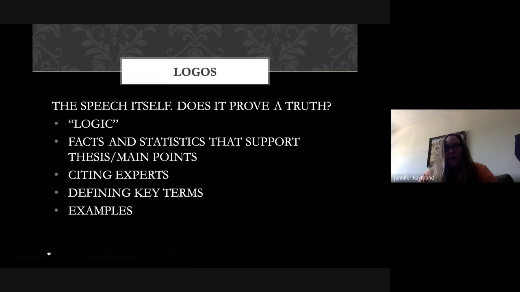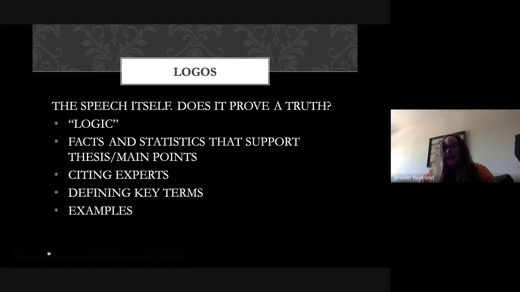The first one is logos, and that connects with the speech itself. Does it prove a truth? And the word logos is the same root word as our English word logic. And this is how you appeal to your audience's brain. You're providing facts, statistics, things that support your thesis and your main points.